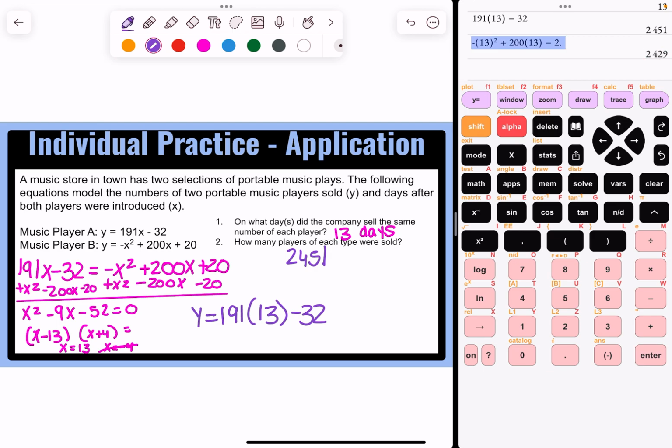Oh, I meant to type 20. Negative 13 squared plus 200 times 13 plus 20. Oh, it's supposed to be plus 20. My bad. Yes, that gets the answer we had.